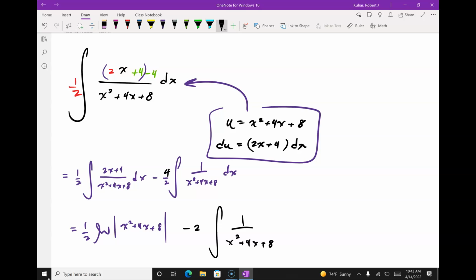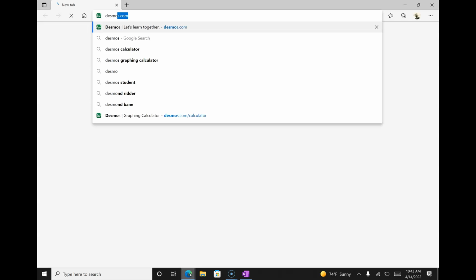Well, I'm interested in that polynomial there. I'm interested in that polynomial because one, it's going to tell me something about the absolute value, if it's needed or not. I want to take a look at it, right? So I'm going to Desmos just because I can.